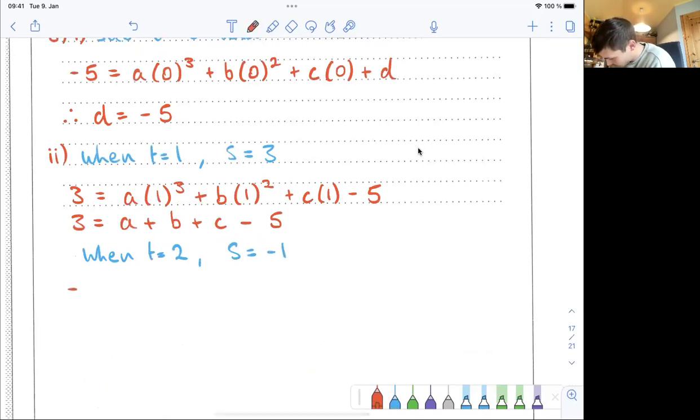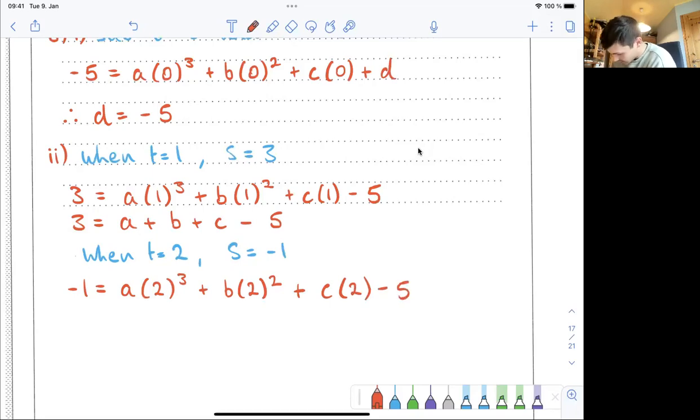We'll say -1 is going to be equal to A multiplied by 2 cubed plus B multiplied by 2 squared plus C multiplied by 2 -5. Now, if we work through this, we're going to get A multiplied by 2 cubed, which will give us 8A.